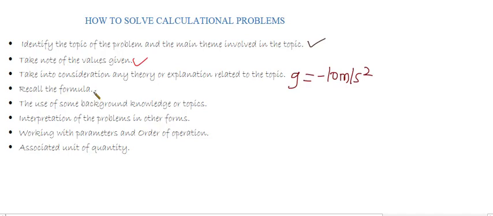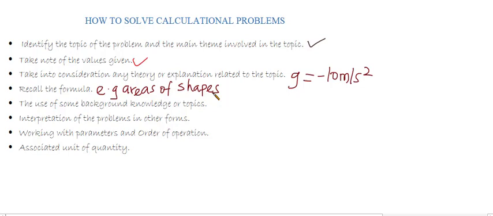Now, recalling the formula: in some cases you don't need any theory or background knowledge of any law, you just go straight and use the formula. For example, with areas of shapes, you just use the formula.